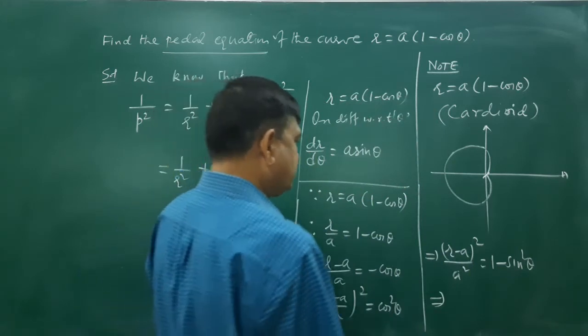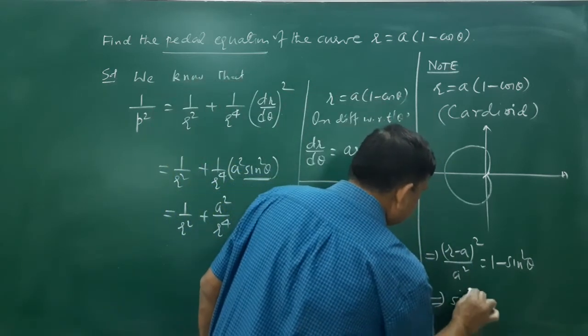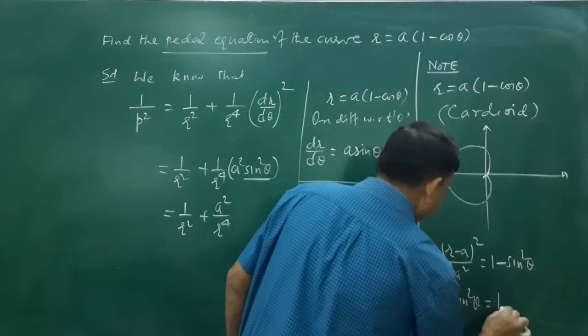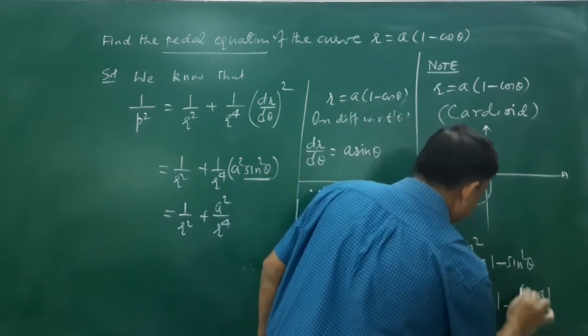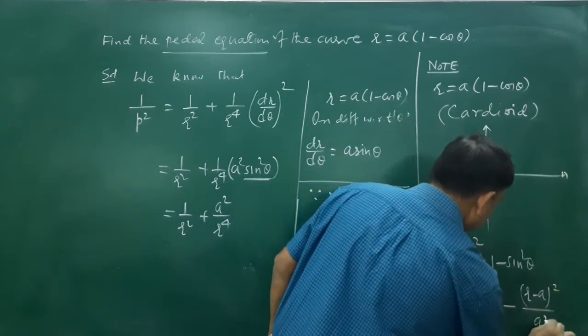So the value of sin square theta is 1 minus r minus a whole square upon a square.